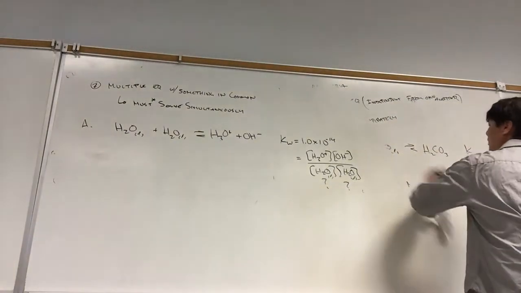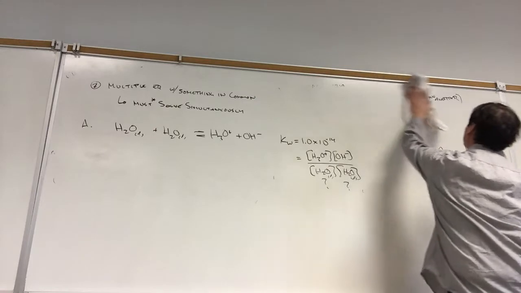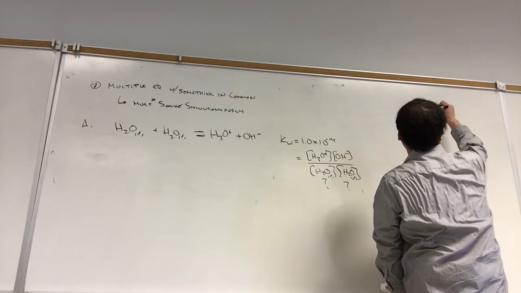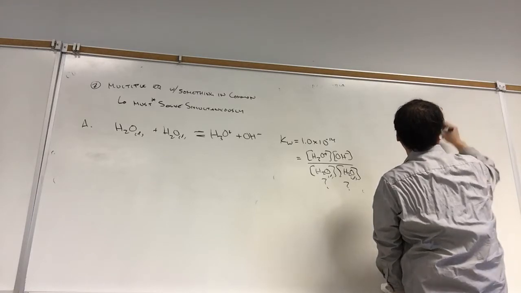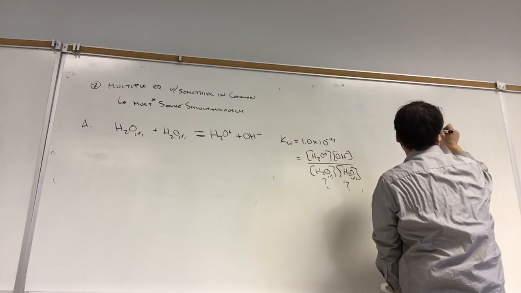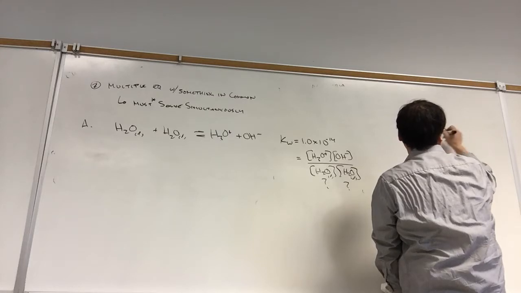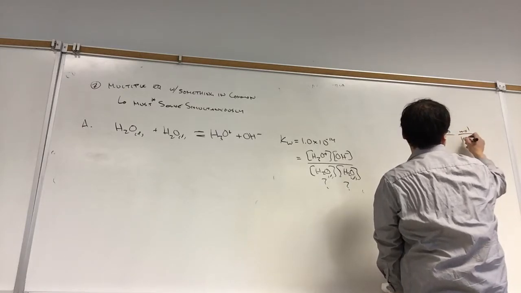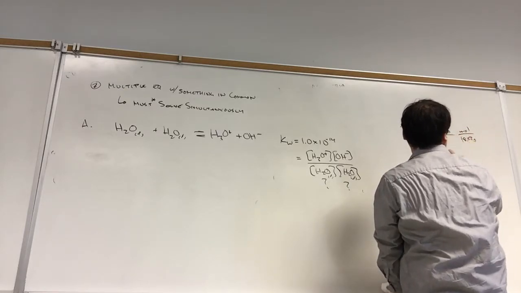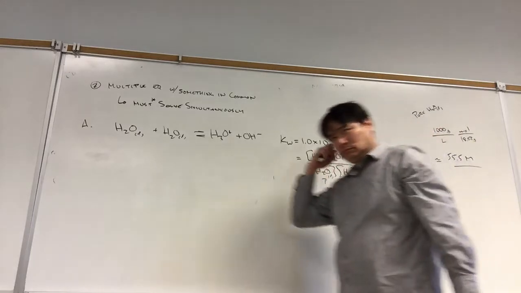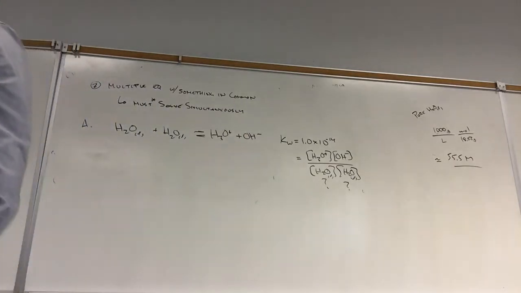So if I had a liter of water, how many moles do I have? Pure H2O liquid. If I have the liter, how many grams of water is in a liter? Okay, so I have 1,000 grams per liter. And then we know a mole of water weighs 18.02 grams. And so this gives us about 55.5 molar. And so I could get about 55.5 moles of pure water in a liter.